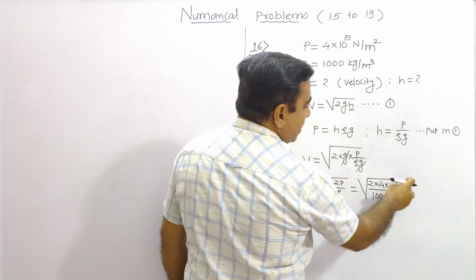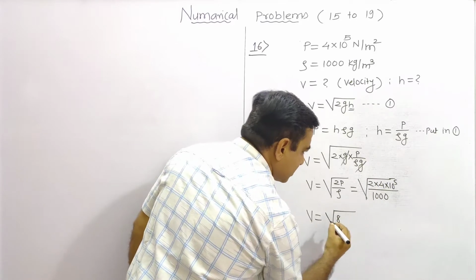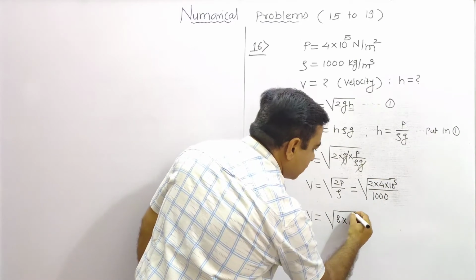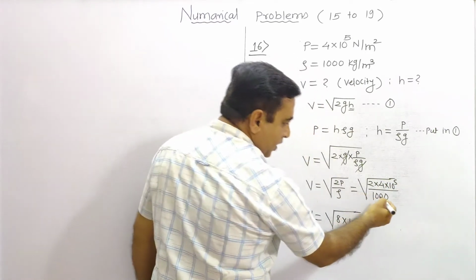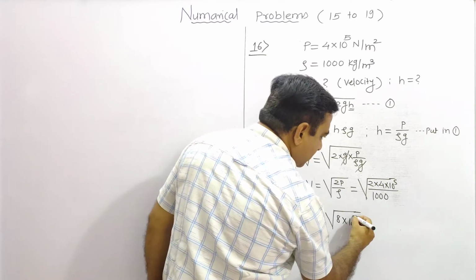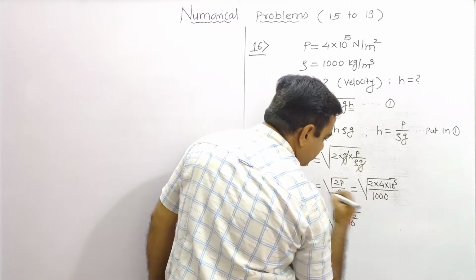It is shifted to the denominator, and the final formula for that one is 8 into 10 raised to power 5 into 10 raised to power minus 3. 10 raised to power how much? 5 minus 3, 2.